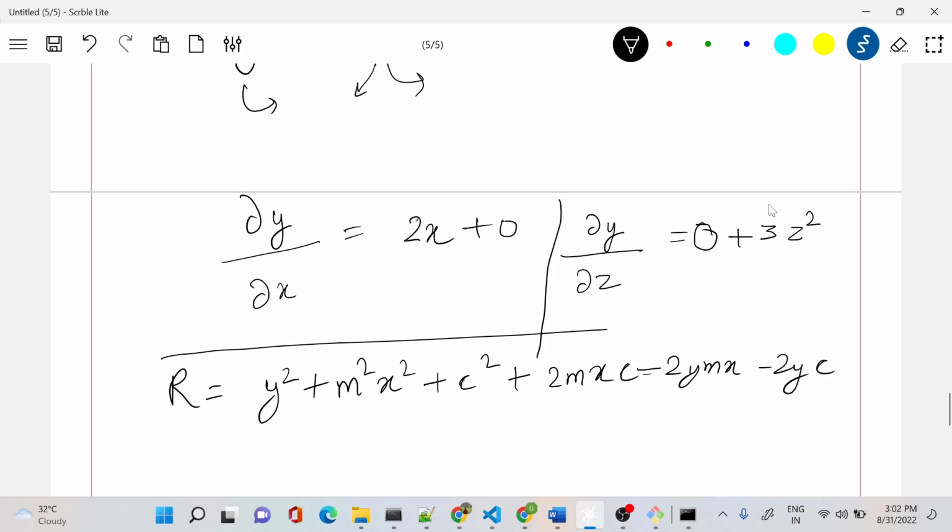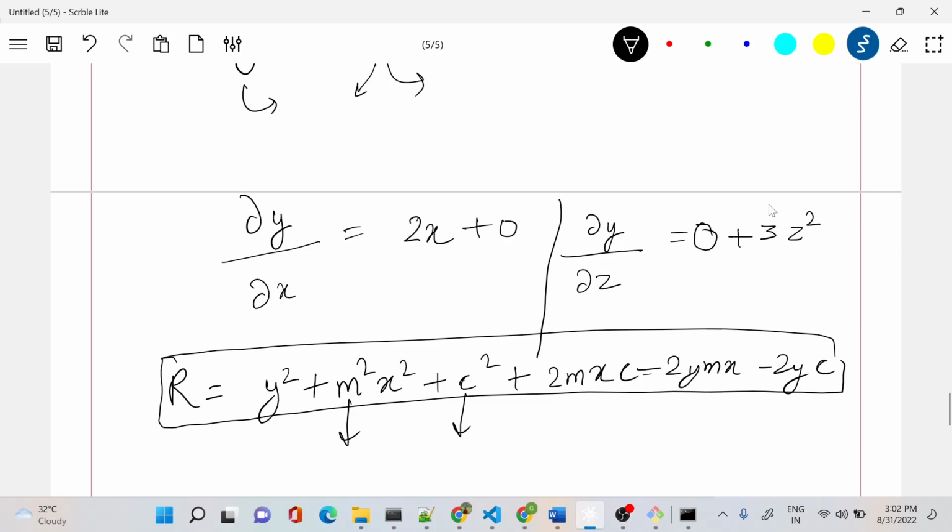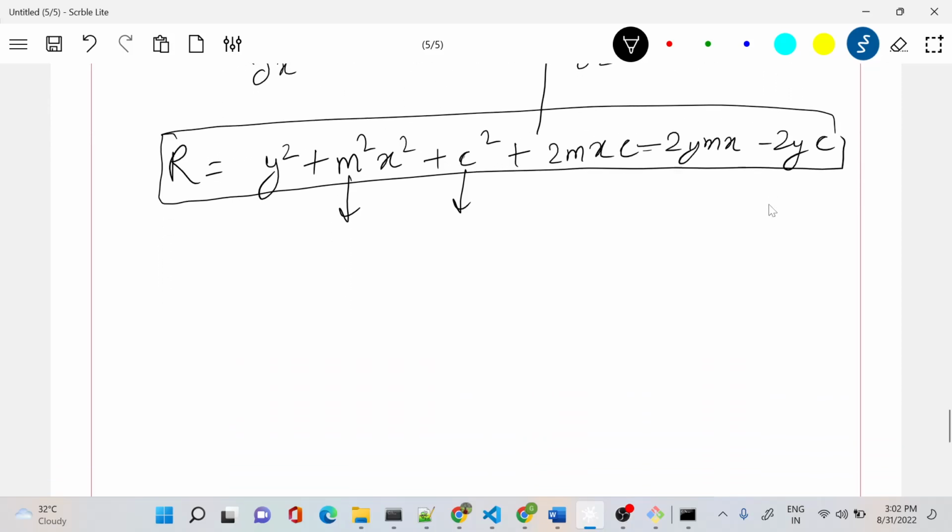We have to find how this R is changing with a small variation in m and with a small variation in c. So we'll partially differentiate R, our error term, with respect to m first.